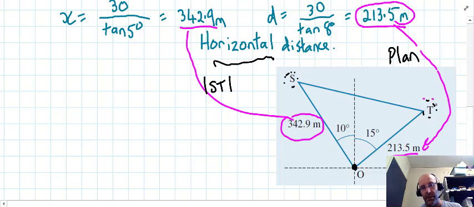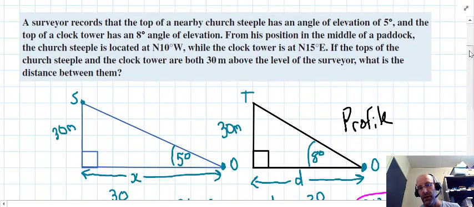Now because these two are at the same height, we can look at the horizontal distance at the surveyor's level beneath them, and that will still be the distance between them, because the distance between S and T at the surveyor's level, i.e. if we stay at the same level, is the same as the distance between S and T at 30 meters, and they are both at 30 meters, you might remember, so we can use that. They're both at 30 meters above the surveyor, so it's just a translation of that dimension upwards.